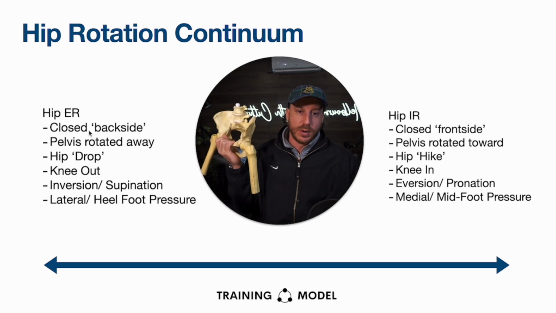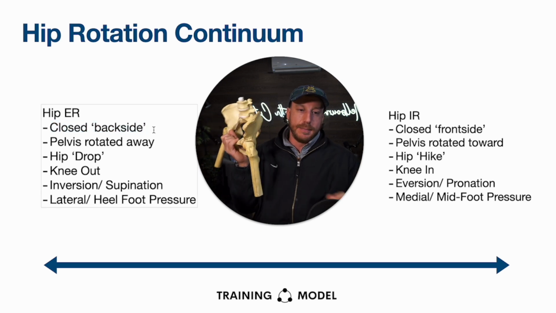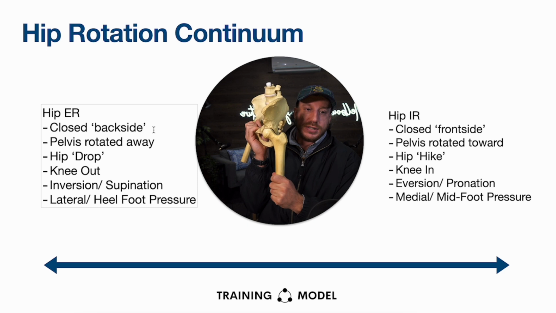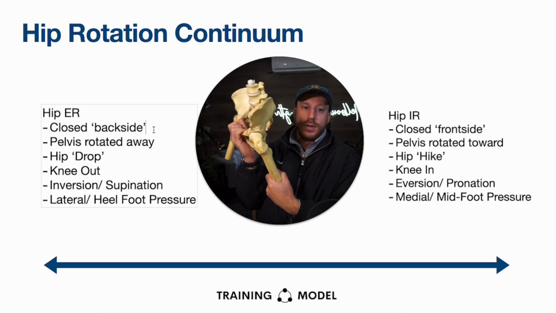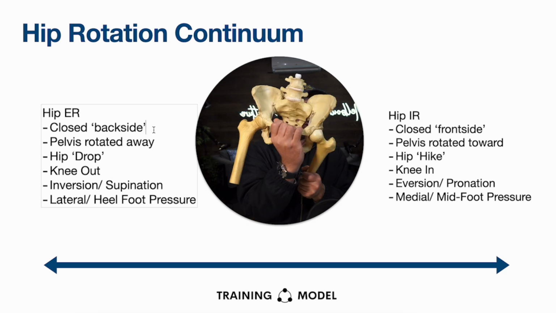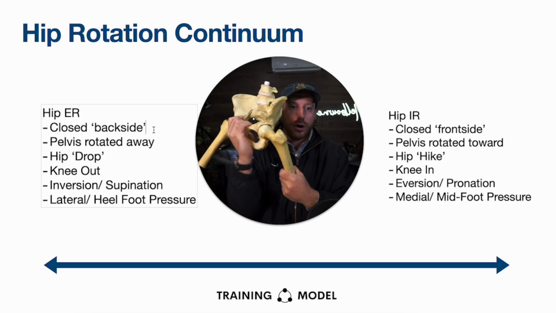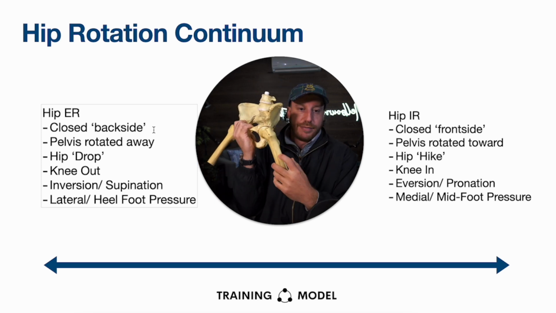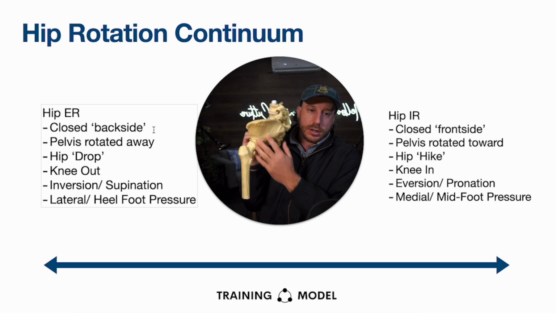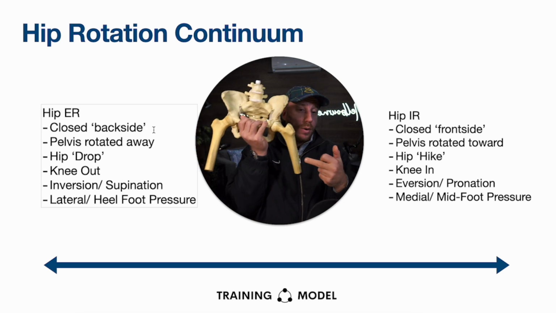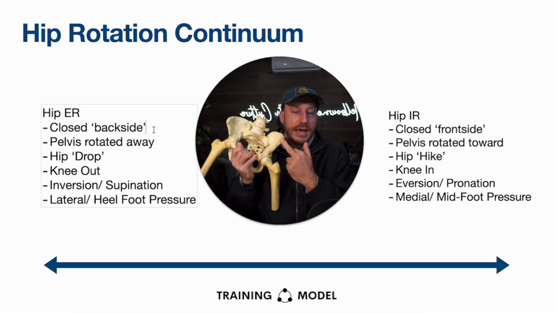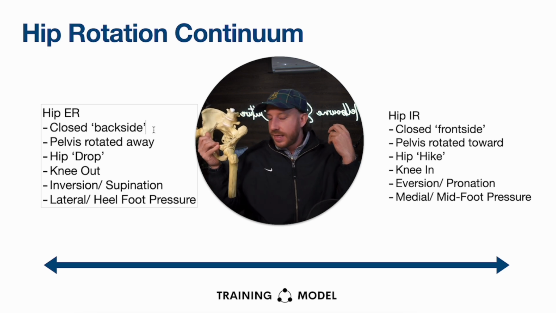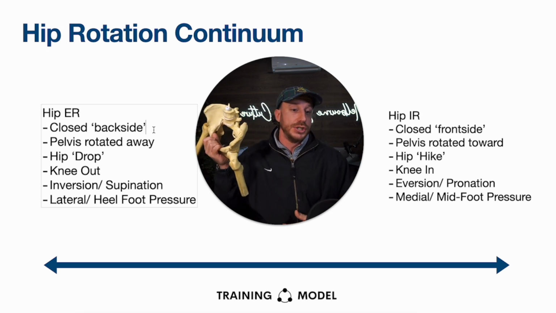That's why I've got backside closed here. That can happen with the femur rotating away, but that can also happen with the pelvis rotating away. So the pelvis could rotate away from the femur, and that's also going to close the backside of the hip. We have distal drivers of motion and we have proximal drivers of motion. They have different application within the gym.